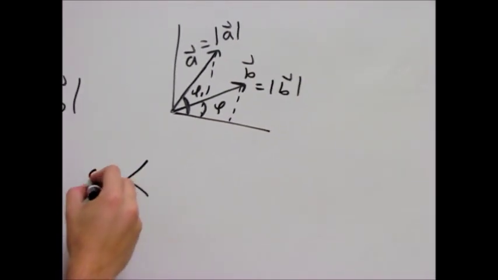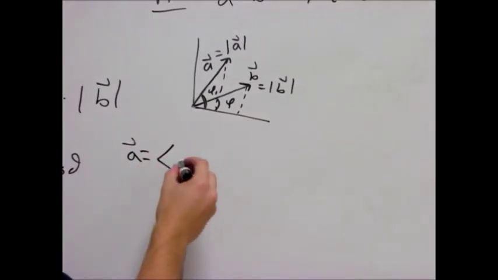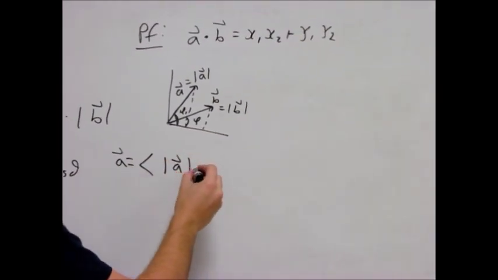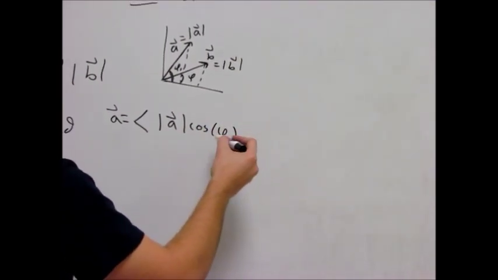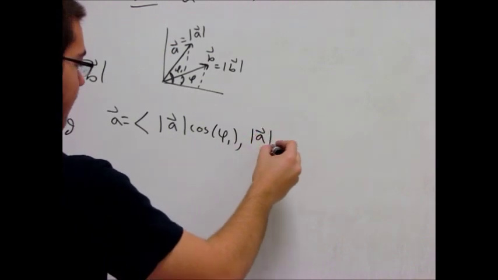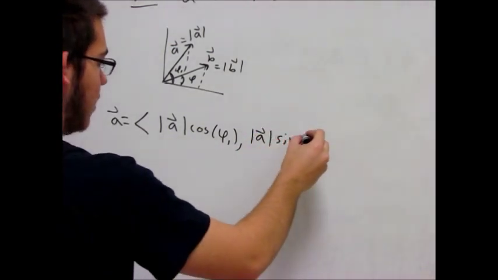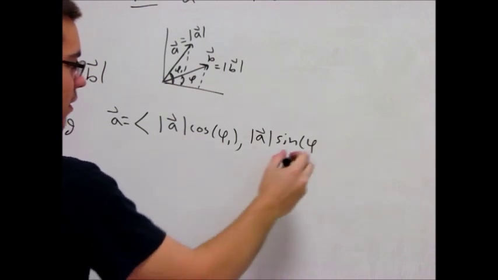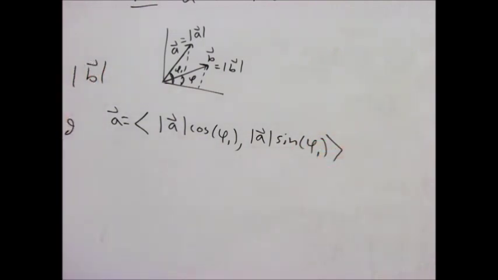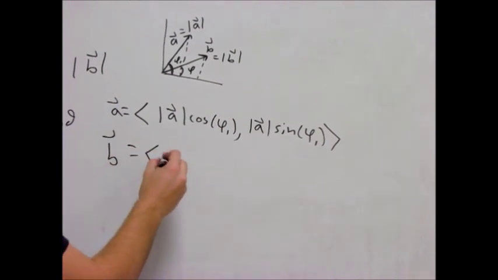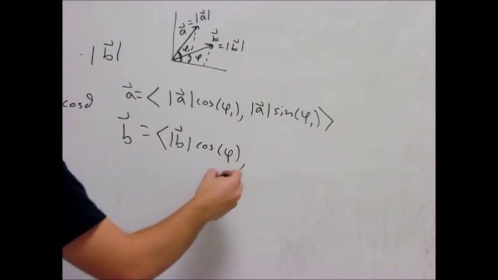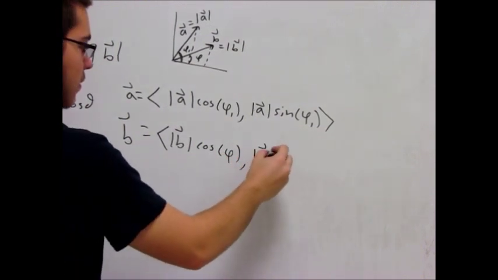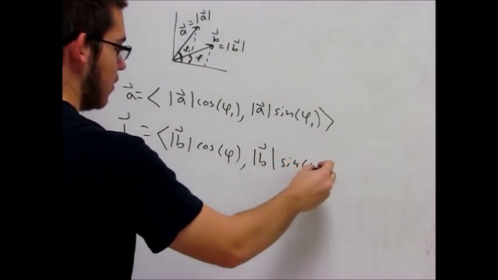Then we can talk about A being the length of A times the cosine of phi1, comma, the length of A times the sine. And that would be the y component, and this is the x component. And similarly for B, B cosine of the angle, and B sine of the angle.